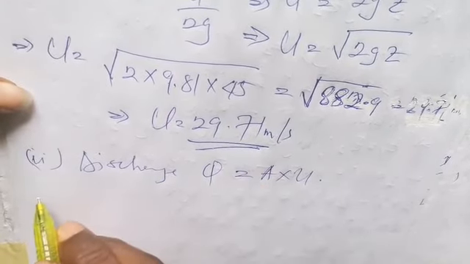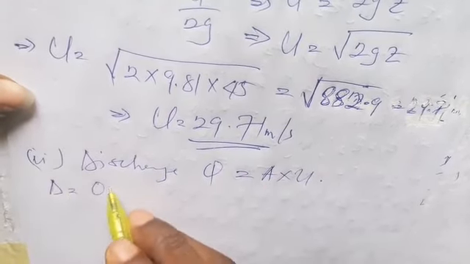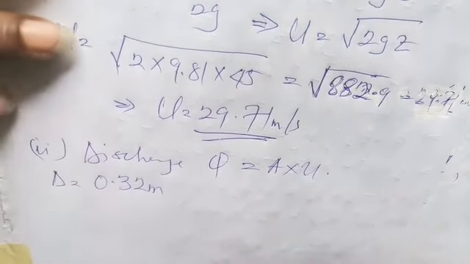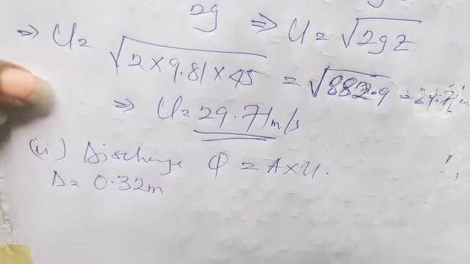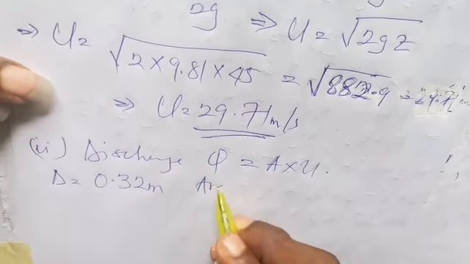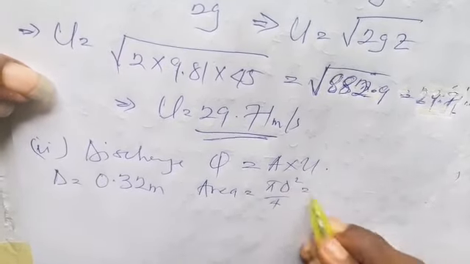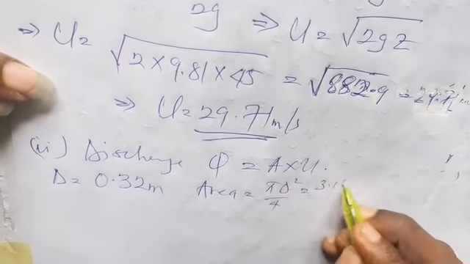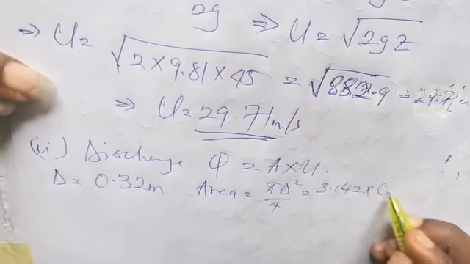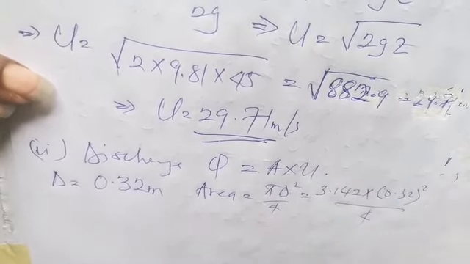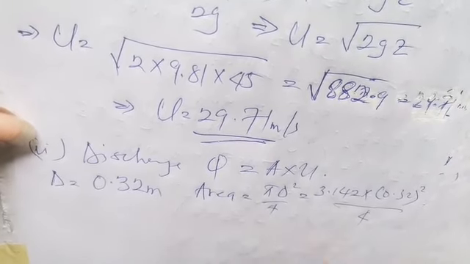We are given the diameter to be 0.32 meters. Area is pi diameter squared all over 4, which is 3.142 multiplied by 0.32 squared, all over 4. I'll compute everything together to save time.